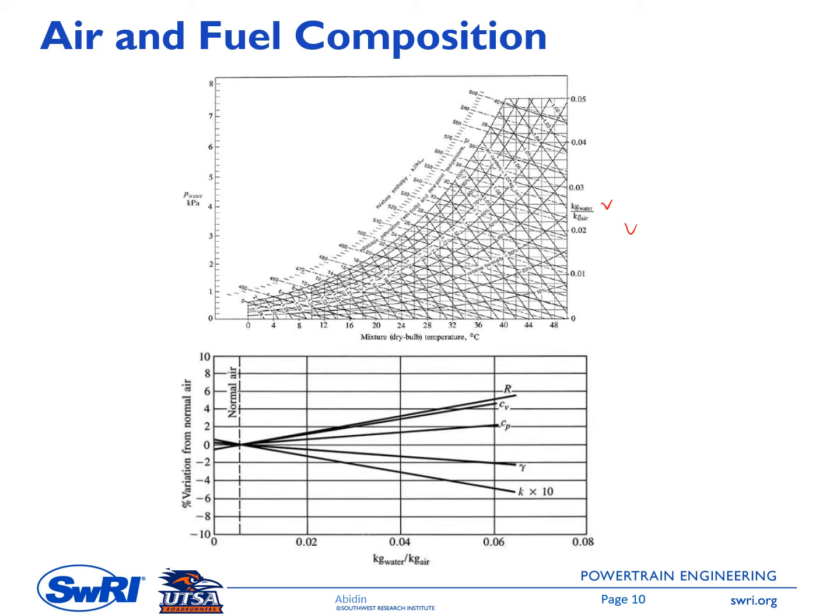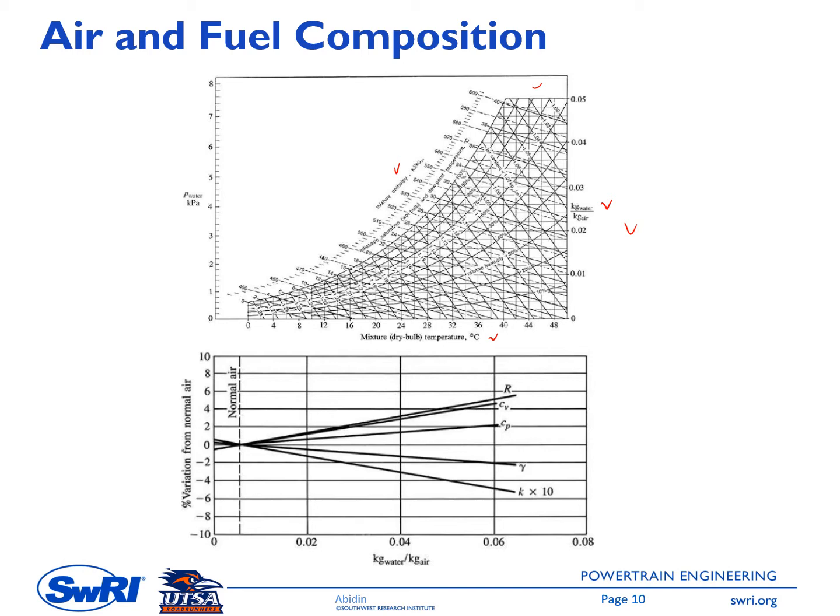And then on the horizontal axis, you have the dry bulb temperature, and then you have enthalpy, and I believe you have also relative humidity somewhere here. Once again, you will use a psychrometric chart in case you are dealing with wet air.